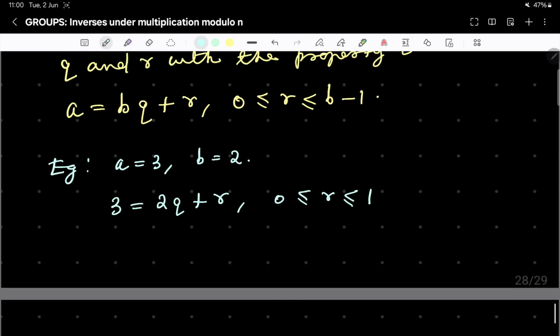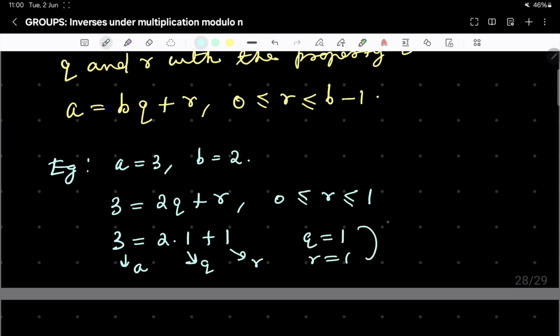So 3 can be written as 2 times 1 plus 1. This is your Q, this is your R, and this is your A. So Q equals 1 and R equals 1, and it satisfies this condition.